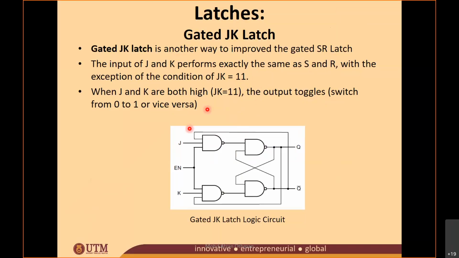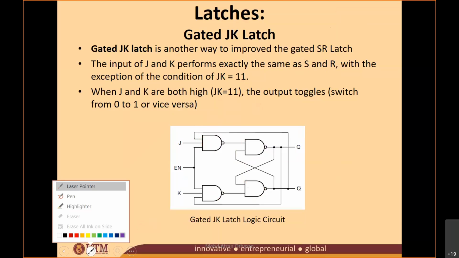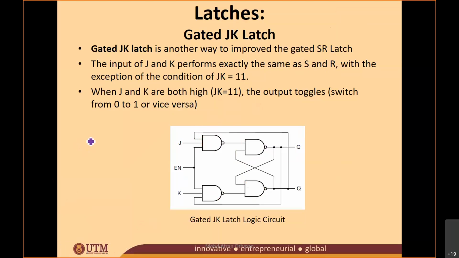Okay, so this is the gated JK latch logic circuit, di mana sama juga dia guna 4 NAND gates, tapi with a few modification lah. Tadi previously kalau kamu tengok gated SR, dia cuma macam ni je. Okay, tadi gated SR kamu ada macam ni.